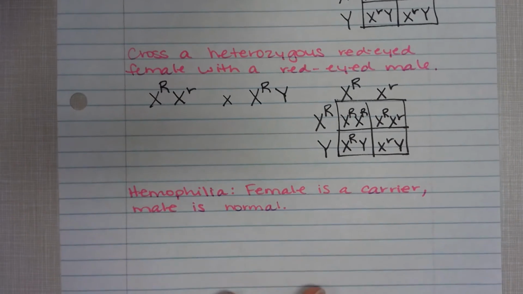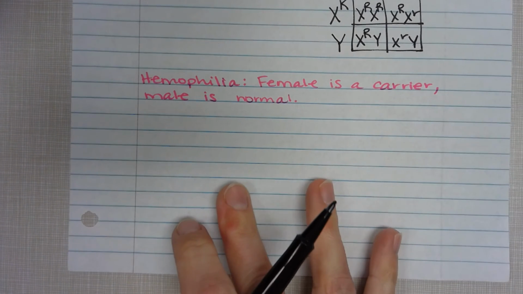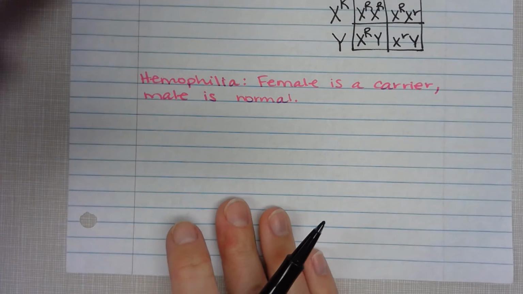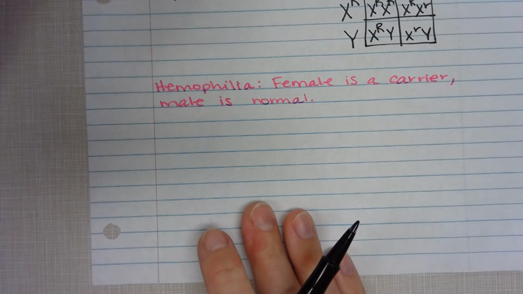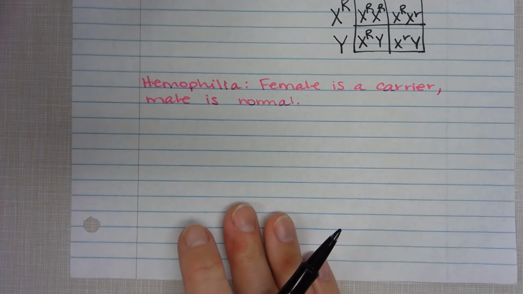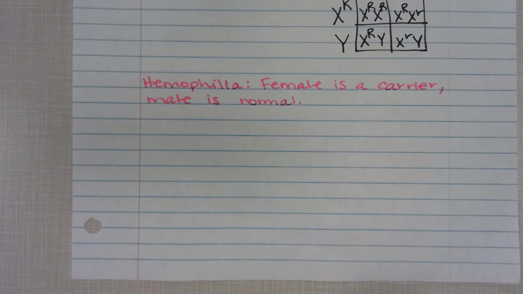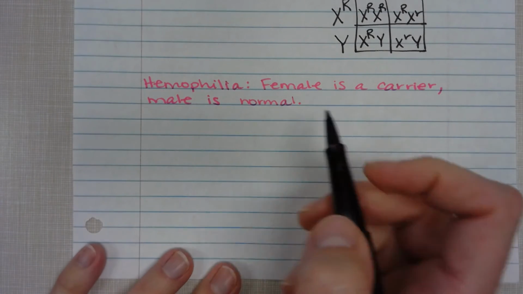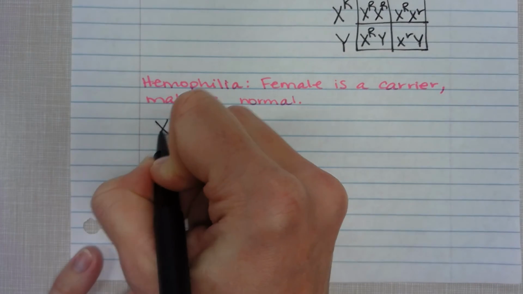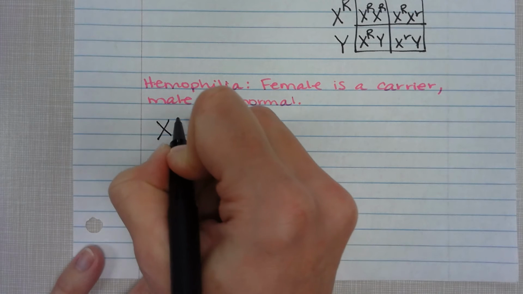Last one. If we're looking at hemophilia, hemophilia is a blood clotting disorder in which your blood does not clot properly. That is also a sex-linked trait. Example, female is a carrier. Let's use H's for this one.